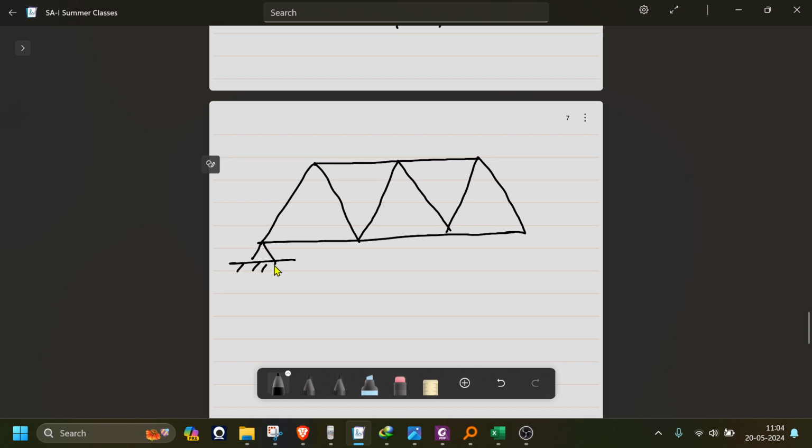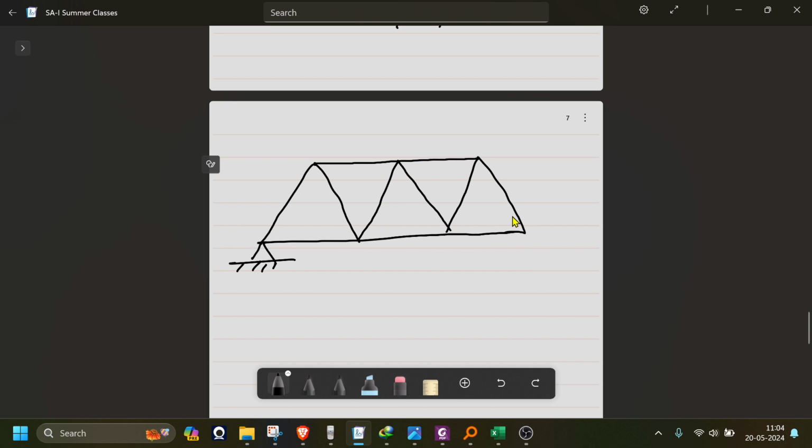So let us say this truss has one roller support and one hinge. We'll slowly complicate things. Alright.